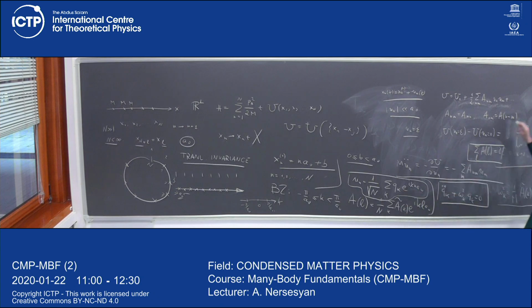If I did that, u_n would be replaced by what? 1 over square root of n, and then the value of this q at k equal to 0. This is a number. The whole expression is a constant, which does not depend on n. What is that? It's a uniform shift. So the wave which has k equal to 0 describes a uniform shift.